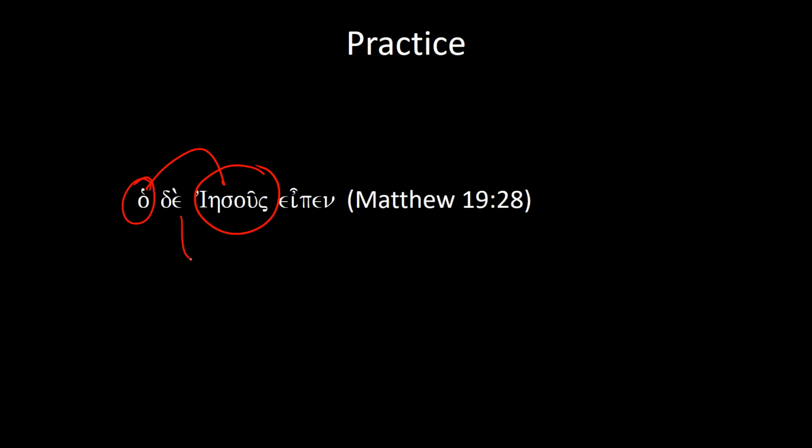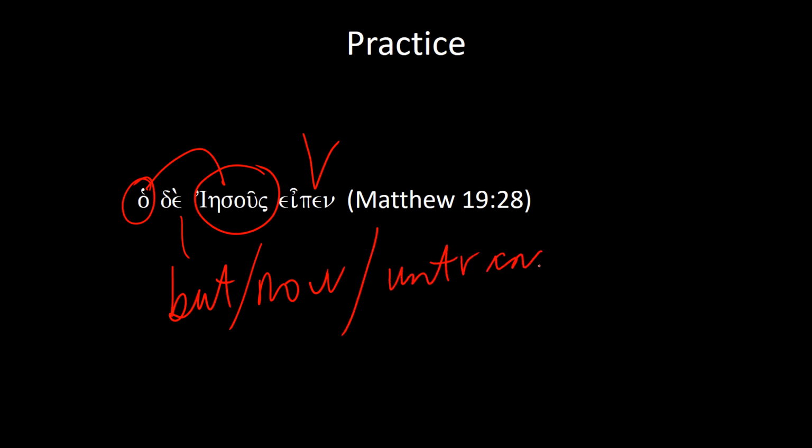I've got the conjunction de, and then I've got a verb eipen. The conjunction de can mean but or now, or you can leave it untranslated. It can even mean and. Words are capable of a wide variety of meanings. What you really need is context.